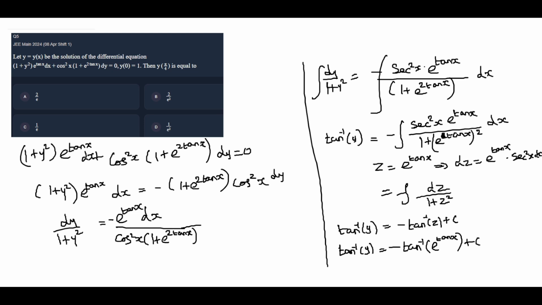So using that condition, y of 0 equal to 1. So x equal to 0 and y equal to 1. So x equal to 0 means tan inverse of 1 is equal to minus tan inverse of e power 0, which will be 1, plus c.